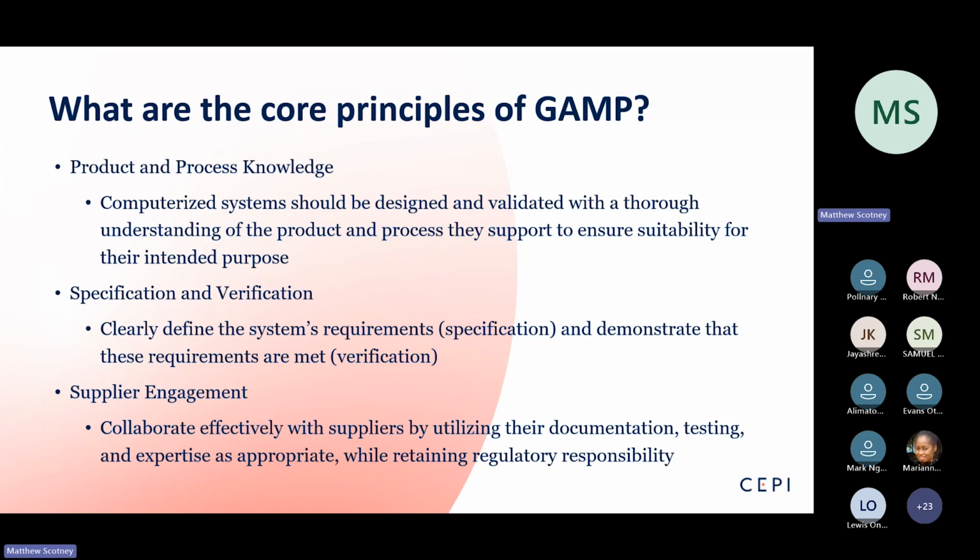One of the other things that's a key part of good automated manufacturing practice is engagement with suppliers. So one of the other areas that you can potentially work in is carrying out assessments or audits or inspections of suppliers of computerized systems. In today's world where computer systems are very complicated, they're typically owned by a third party.